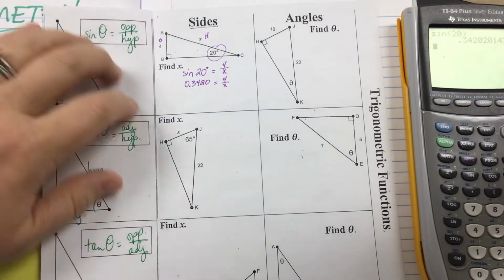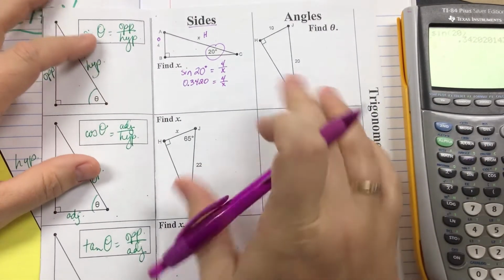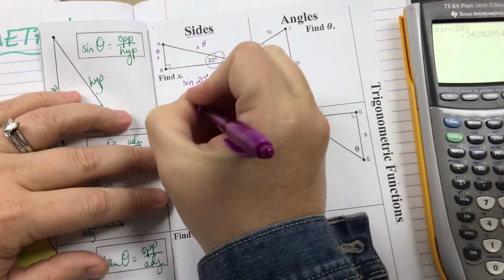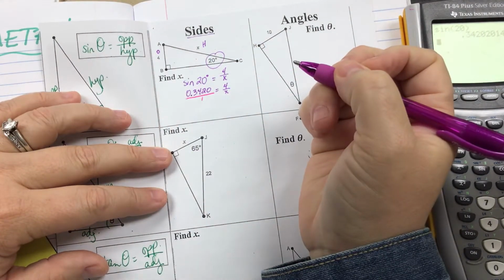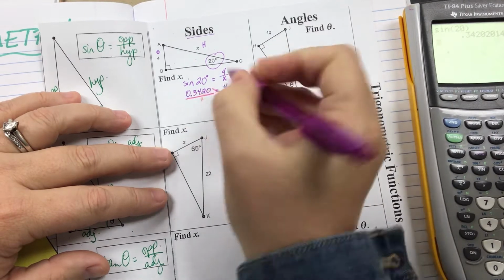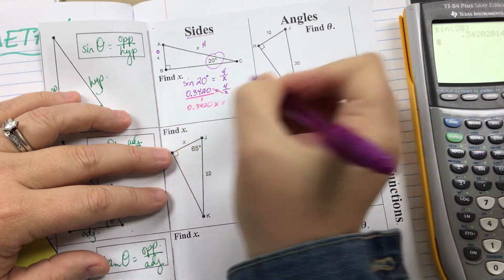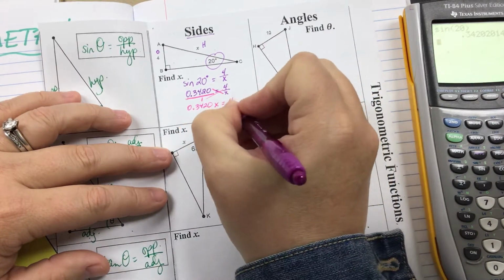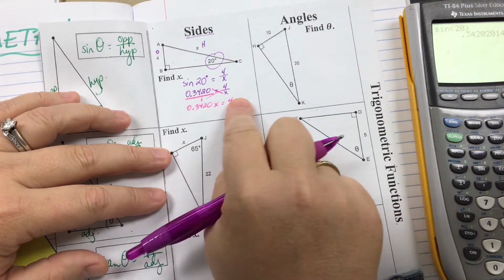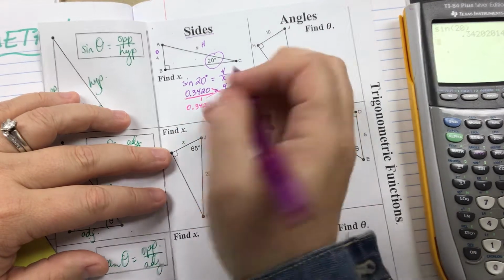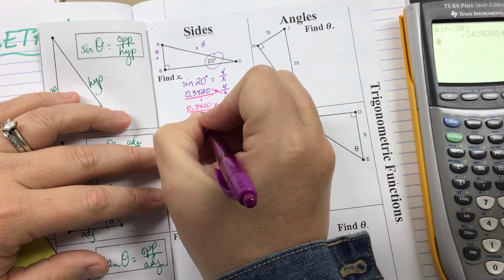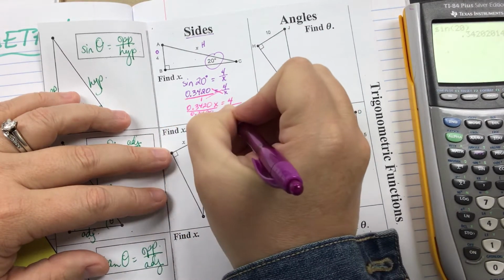What I would recommend, so that we're consistent for all our problems, is to put your decimal over 1 and then do cross products. So we're going to have 0.3420x equals, and then 1 times 4 is 4. If I continue solving for x, I'm going to divide both sides by that decimal, 0.3420.